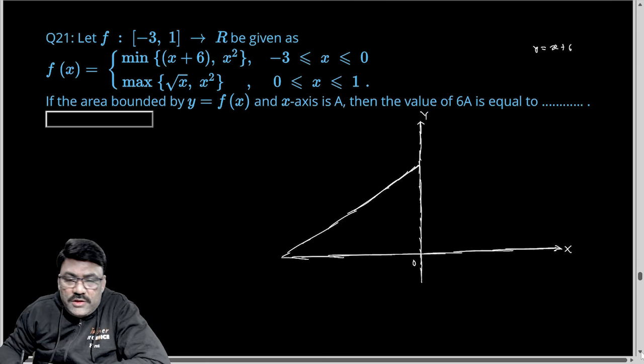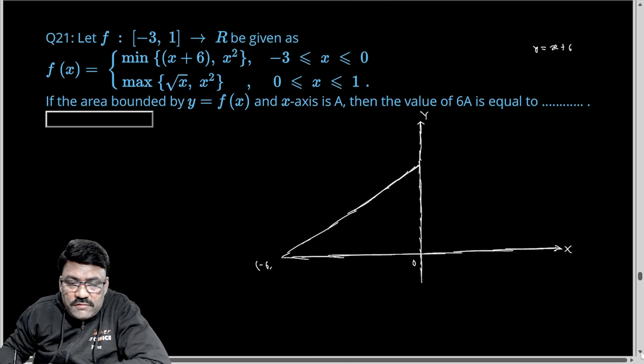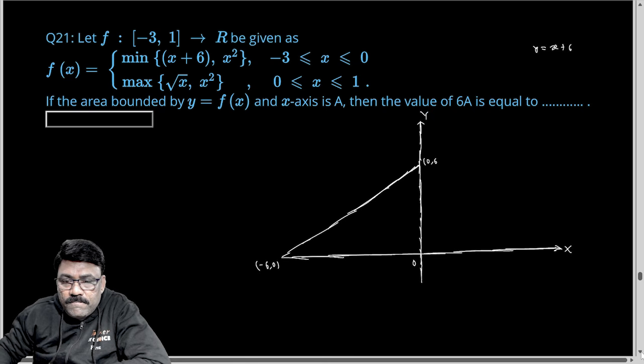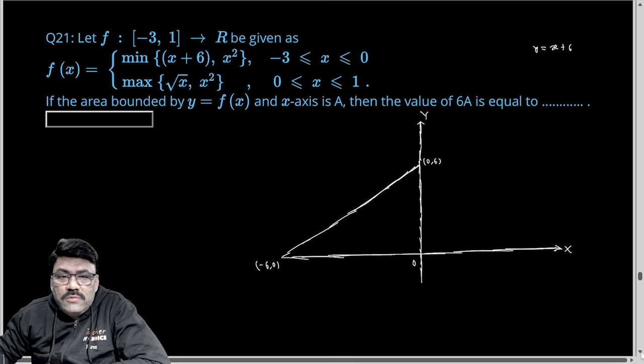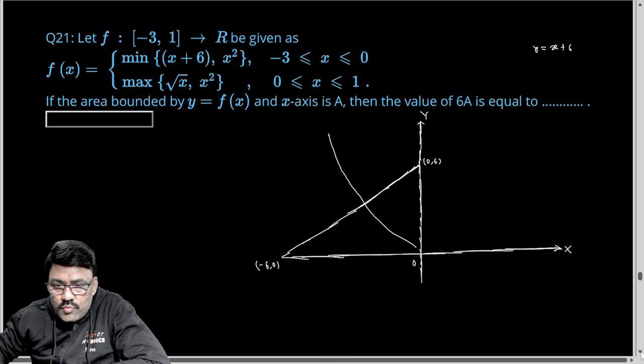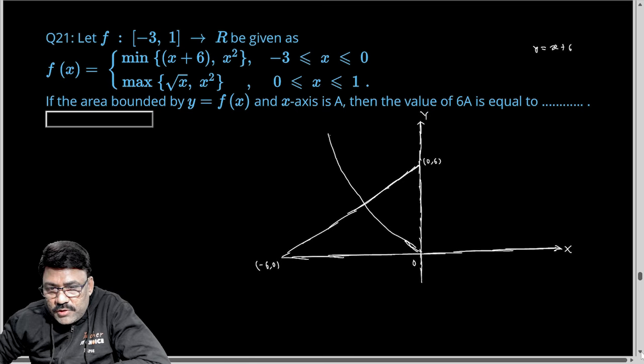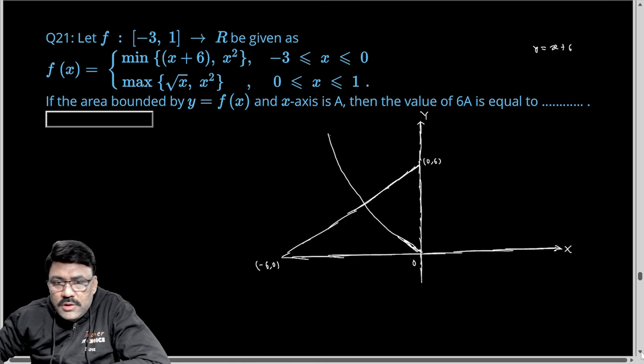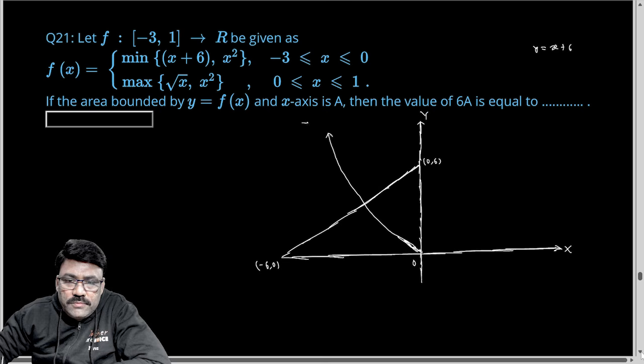It will cut the x-axis at -6, y-axis at +6. Now y is equal to x square is an upward parabola having vertex at the origin. So this parabola will be something like this.